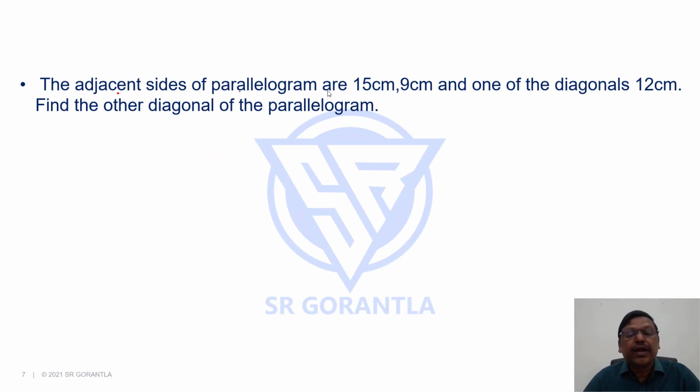The adjacent sides of a parallelogram are 15 centimeters, 9 centimeters, and one of the diagonals is 12 centimeters. Find the other diagonal of the parallelogram. We know the relation between diagonals and sides is d1 square plus d2 square equals 2 into (a square plus b square).